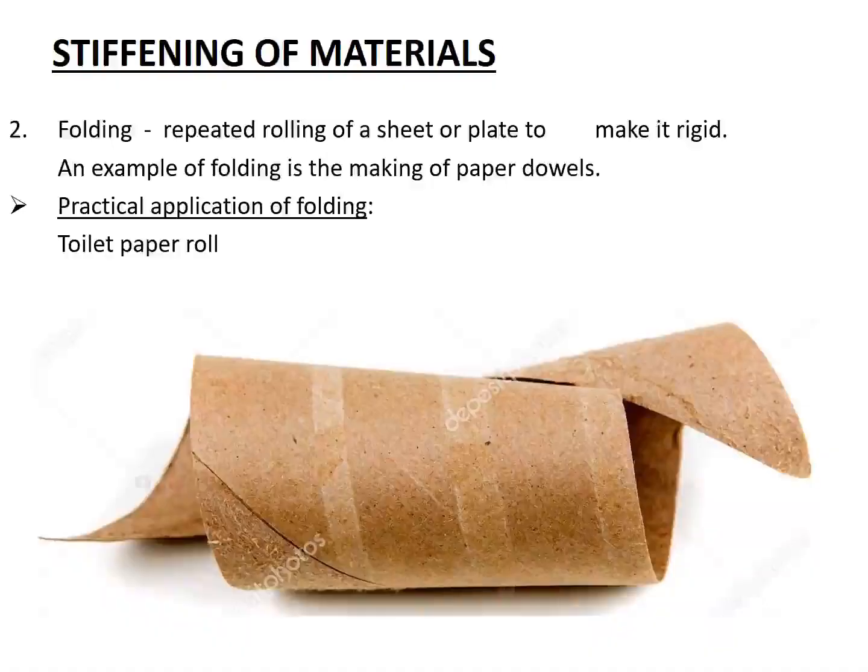You can clearly see that it was folded straight from the edge, exactly the way we are doing our very own paper dowels. But with this one, because you've got to put your hand inside it when you unroll the toilet paper, they made it a little bit larger than the ones that we have when we are making our paper dowel.